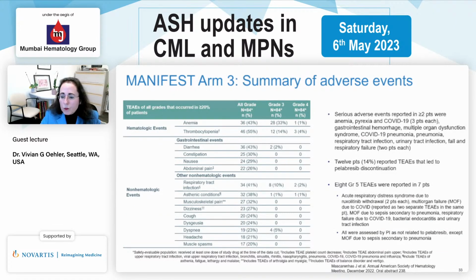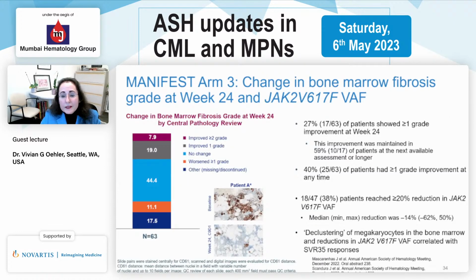Overall, pelabresib was generally well tolerated. The most common non-hematologic side effects were GI side effects. And as we often see on these studies, there was a significant amount of heme toxicity. Lastly, for patients receiving pelabresib, we also saw improvements in marrow fibrosis.